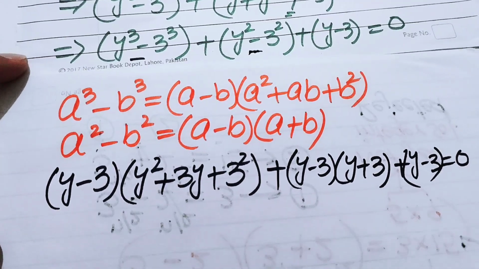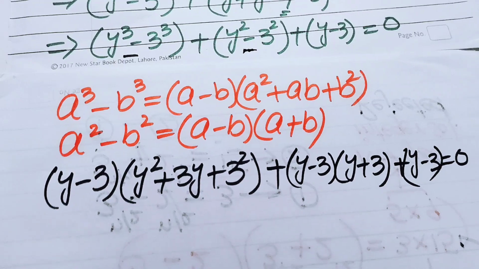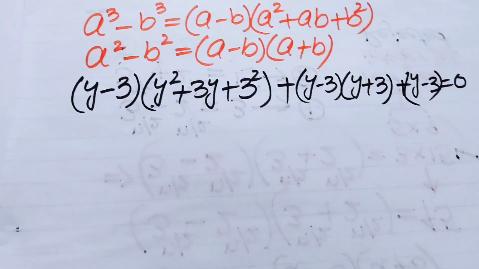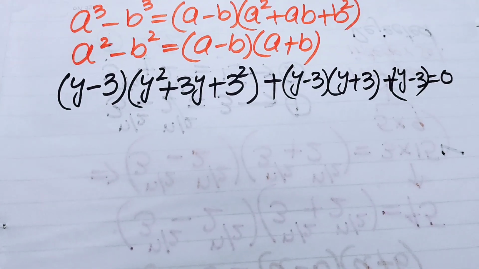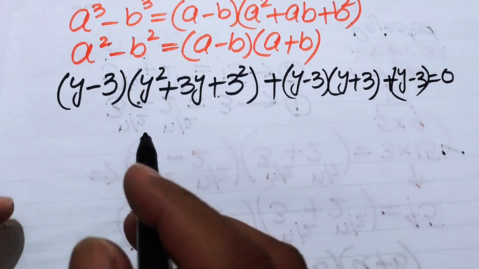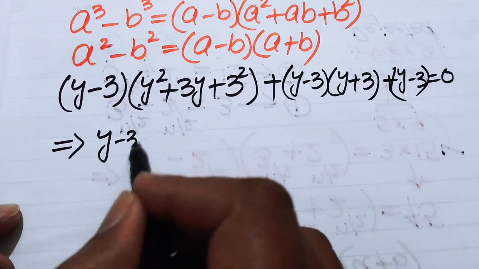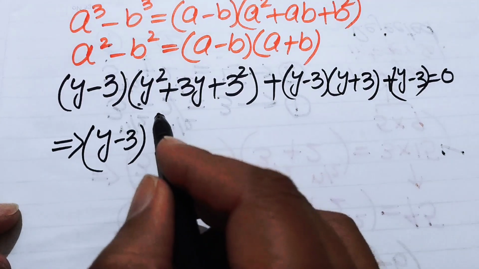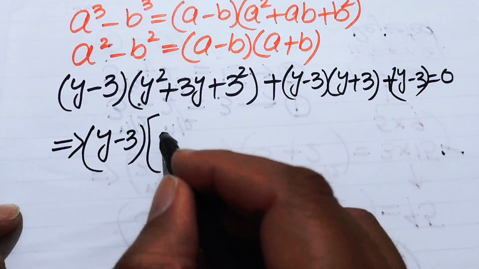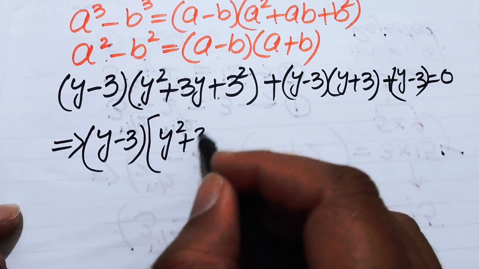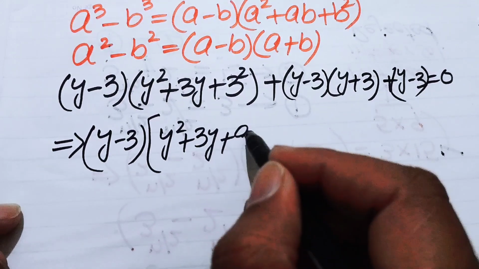So now you focus on each of the terms, and you see here we have y minus 3 as the common term in each of the expressions, so we take y minus 3 as common, and you get here y squared plus 3y plus 9.